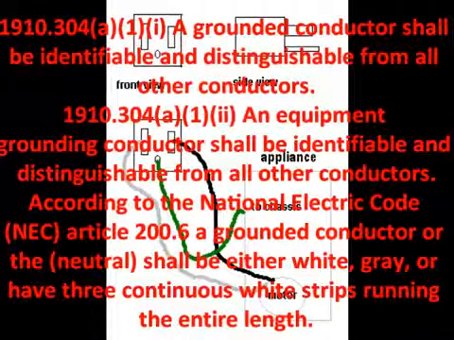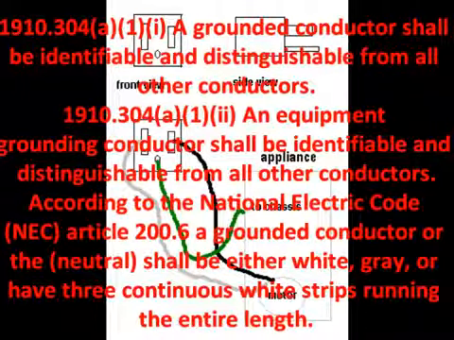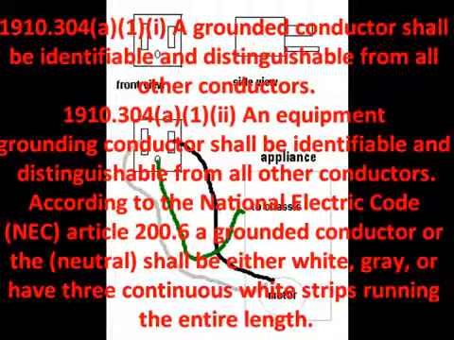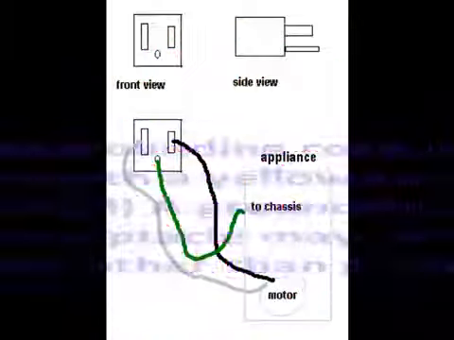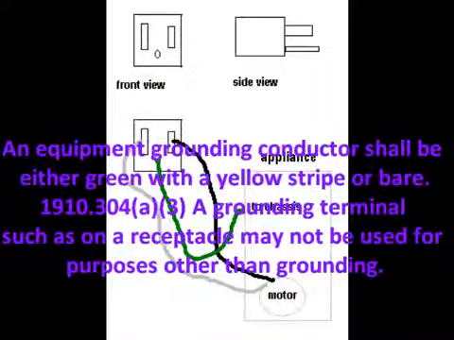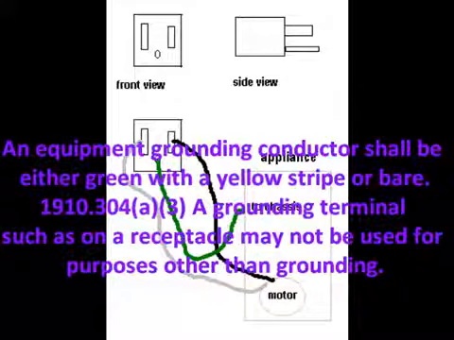According to the National Electric Code, the NEC, Article 200.6, a grounded conductor or the neutral shall either be white, gray, or have three continuous white stripes running the entire length. An equipment grounding conductor shall be either green, or green with a yellow stripe, or bare. A grounding terminal, such as on a receptacle, may not be used for purposes other than grounding. Again, I would like for you to take notice of the reference numbers.